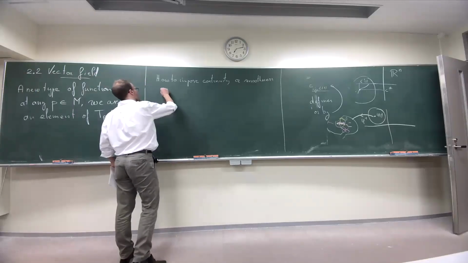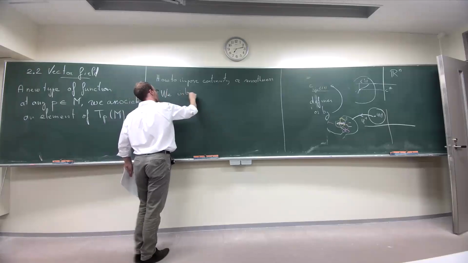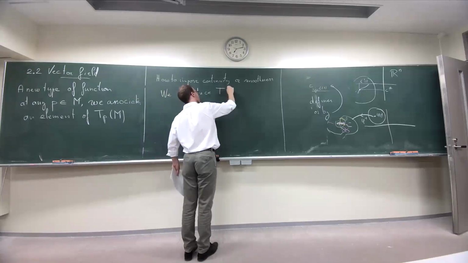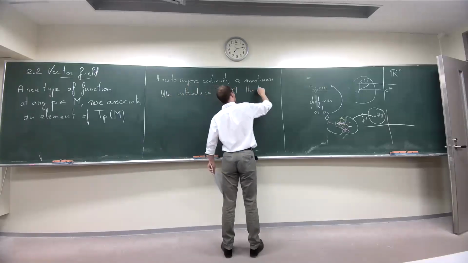So there is one way to do it. We introduce what is called the tangent bundle. So we introduce T of M, the tangent bundle.